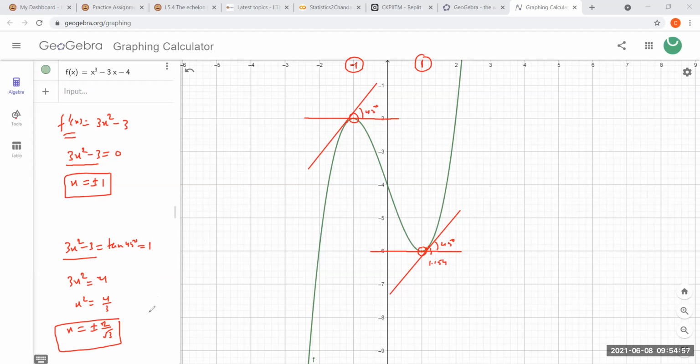So if you plot at -1.154 on the left of -1 and draw a tangent, you get again 45 degrees. You can see that at these points, the slope on the graph is exactly 45 degrees.